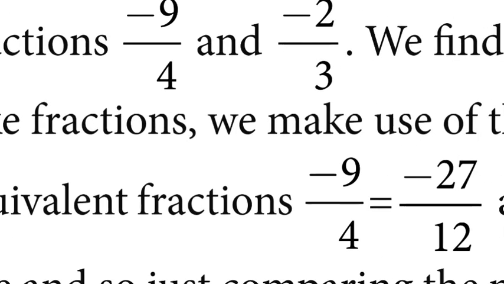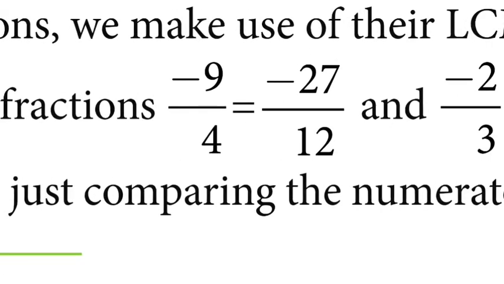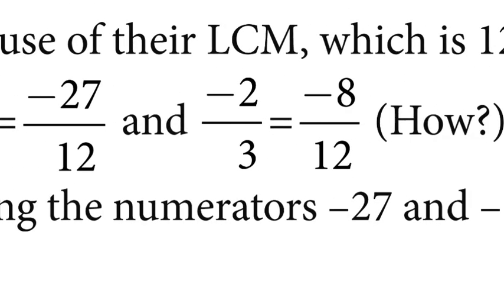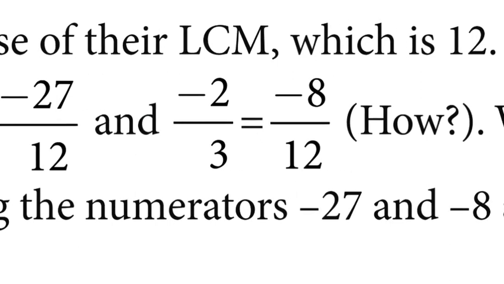First, minus 9 by 4: 4 3s are 12, that's why we multiply 3 on numerator and denominator. Minus 9 into 3 is minus 27, divided by 4 3s are 12. Next, minus 2 by 3: 3 4s are 12, so we multiply 4 on numerator and denominator. Minus 2 4s are minus 8, by 3 into 4, 12.